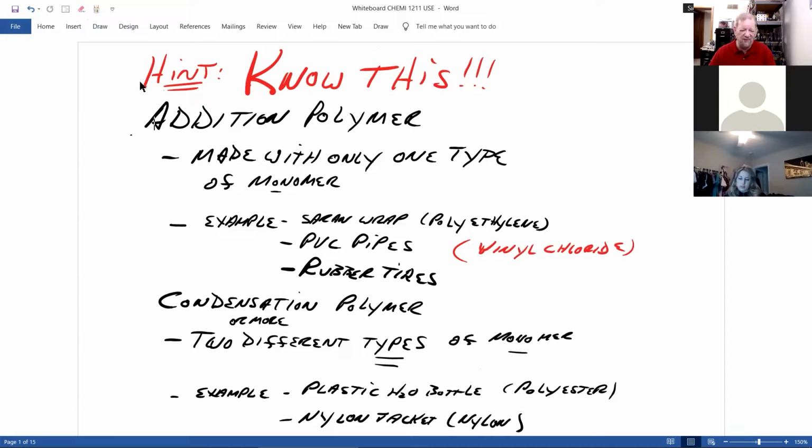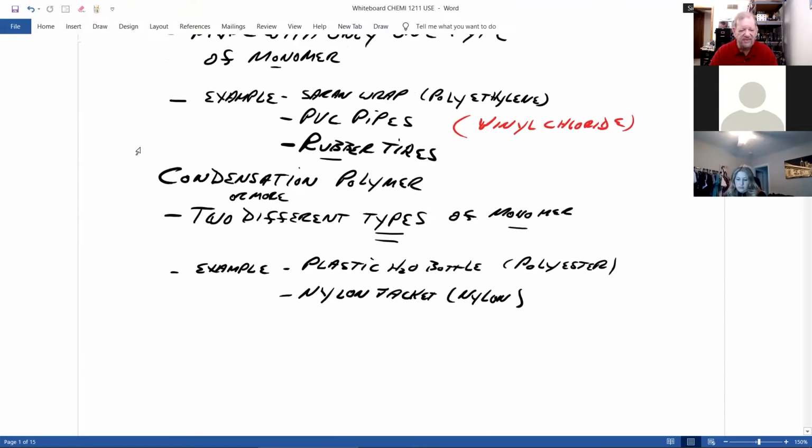Anything made of rubber: rubber is a polymer, and it's an addition polymer. And the monomer, which I'll show you later, is butadiene. Again, a condensation polymer has more than one type of monomer as opposed to one type. An example would be my plastic water bottle.